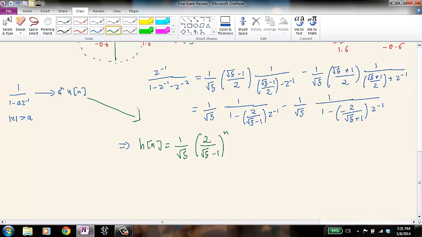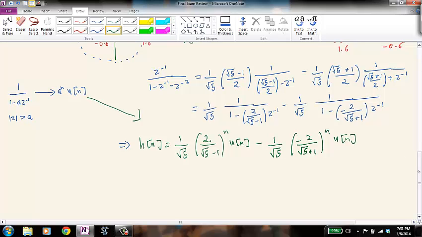Once you get it in that form, it's just a lookup. Okay, and I can factor out a u of n over square root of 5. And you can rationalize the denominator of this.